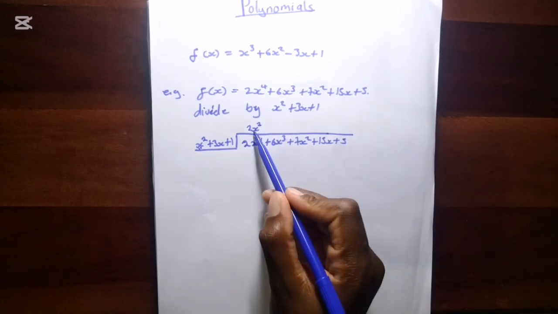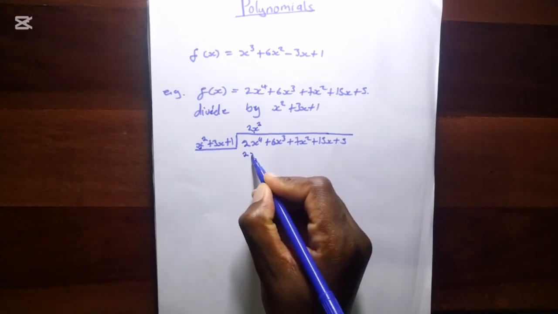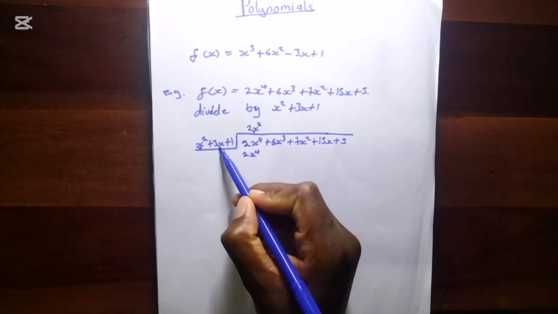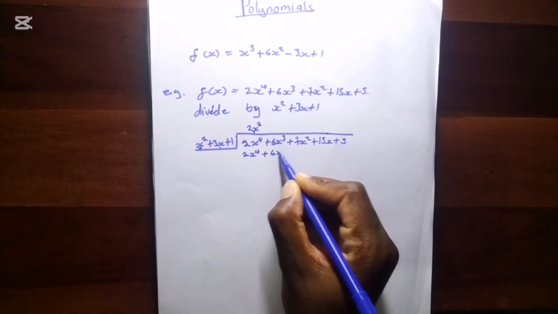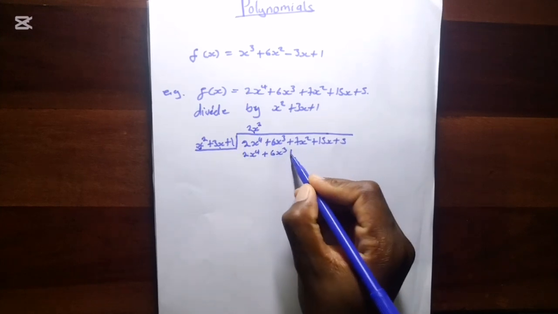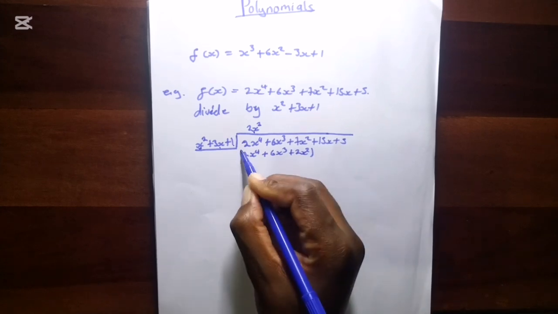And then we multiply 2x squared by x squared. We get 2x to the power 4. Then we multiply 2x squared by 3x. We get a positive 6x cubed. Then 2x squared by 1, we get a positive 2x squared. Then we subtract.